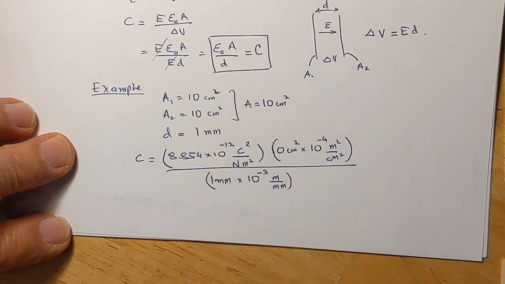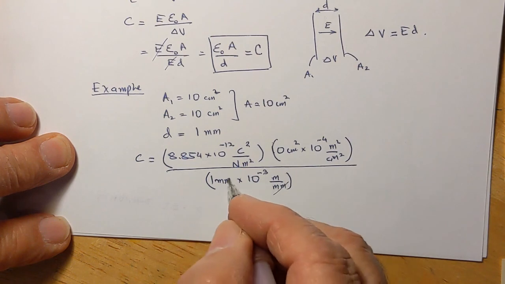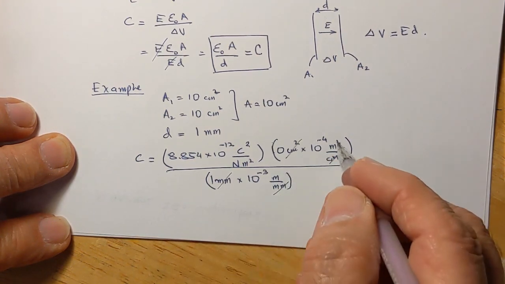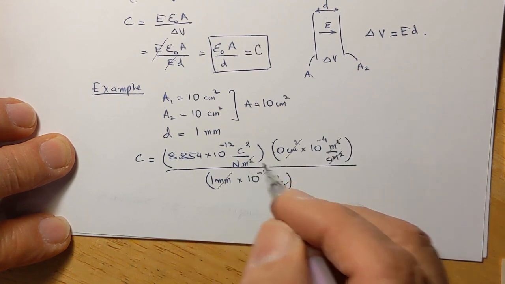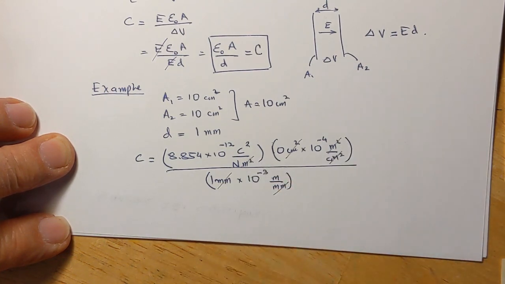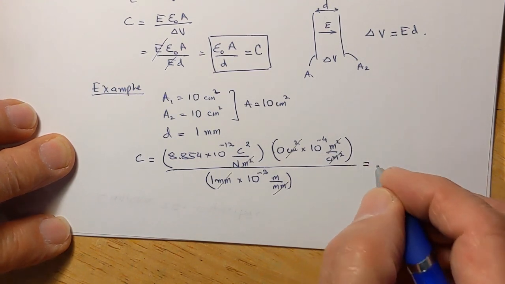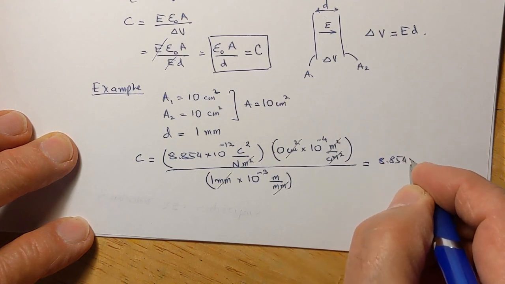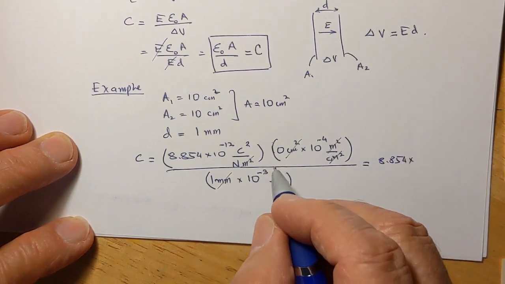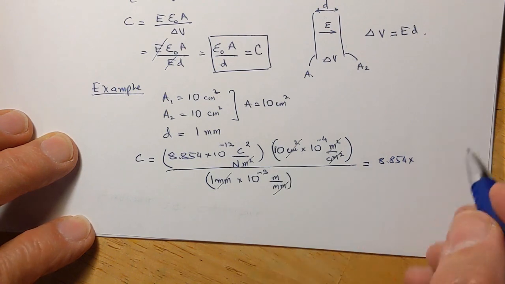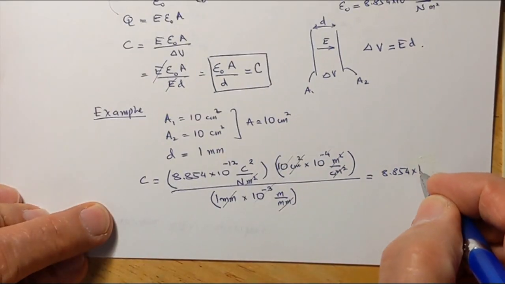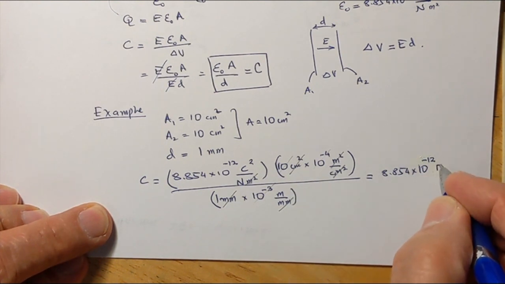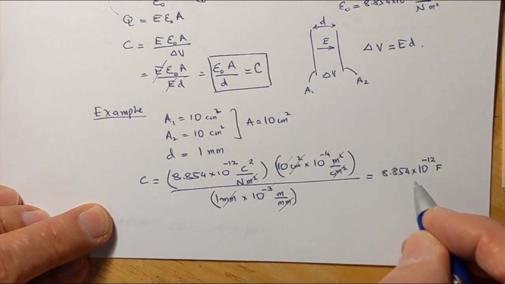Now we can cancel out the millimeter with the millimeter, the centimeter squared with the centimeter squared, and the meter squared with the meter squared, and we get the capacitance comes out to 8.854, and there's a 10 here, times 10 to the power minus 12, and the units become farad. So that is the capacitance.